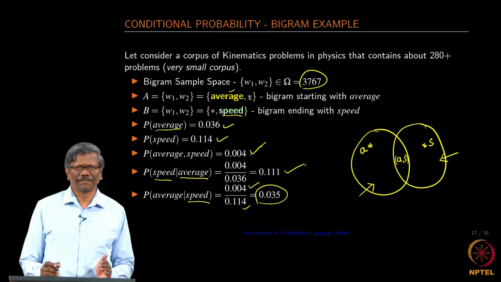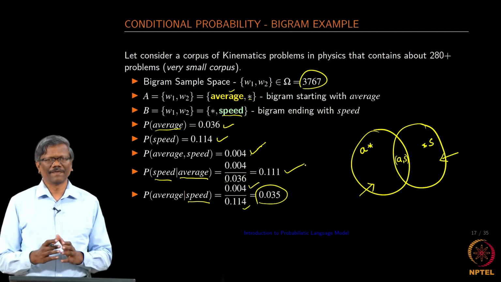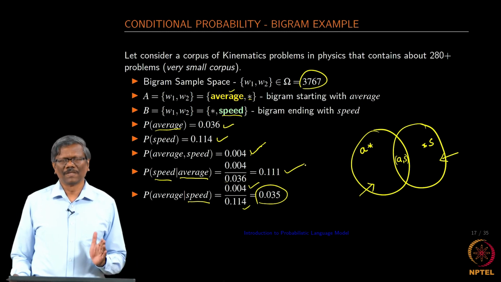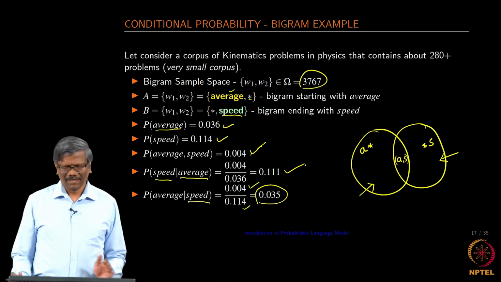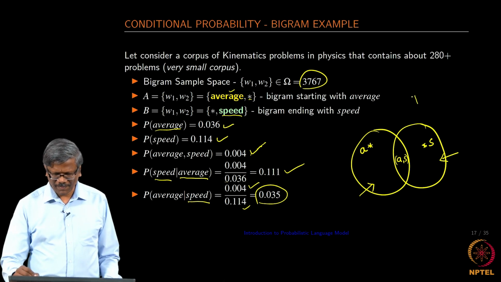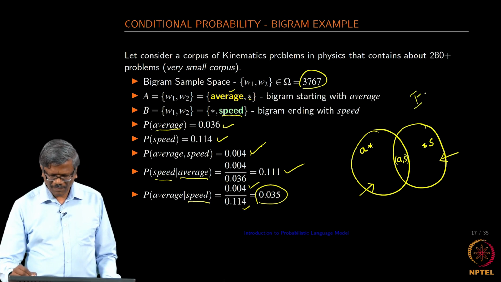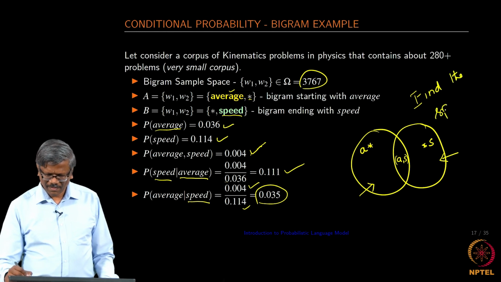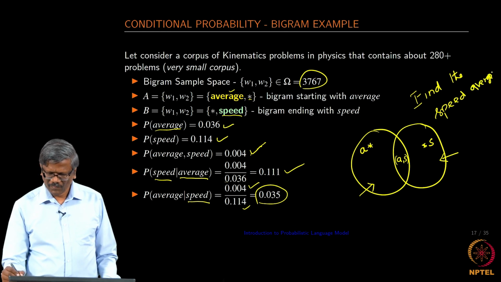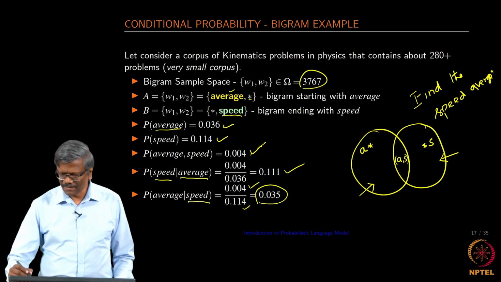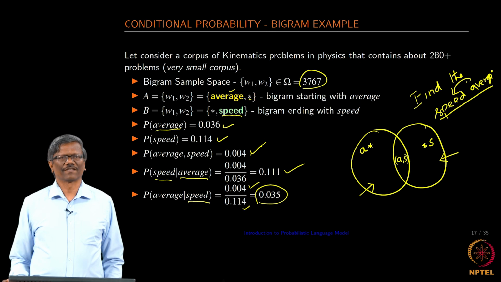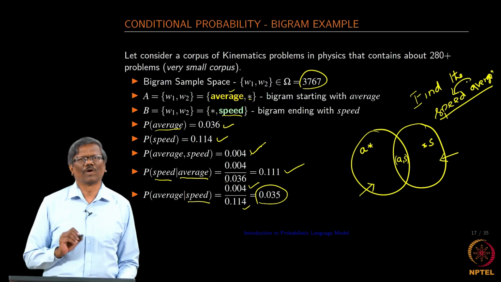This is how we familiarize with the structure of the document and its sentences. For example, if you are given a sentence like find the speed average, you are likely to say that this is not the right formation, and this would be the right formation of the sentence based on what we have seen here.